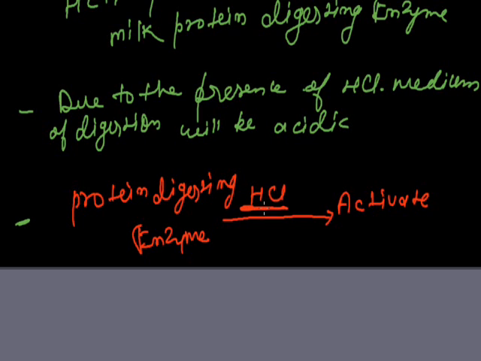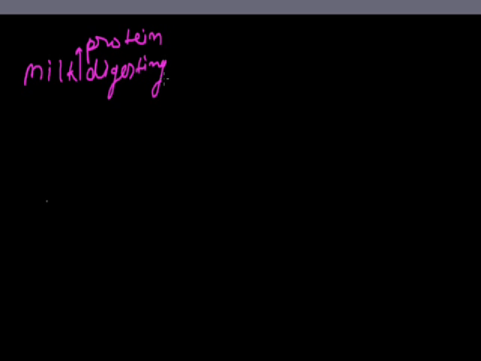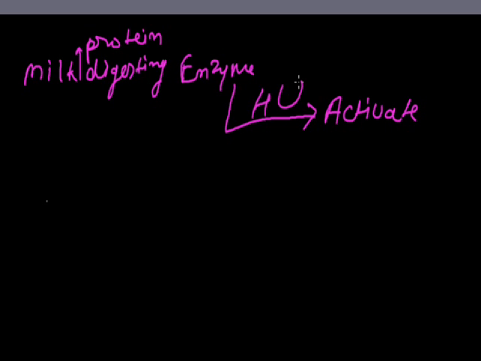So HCl is very important because it helps convert the medium to acidic, and the milk protein digesting enzyme also becomes active in the presence of HCl.